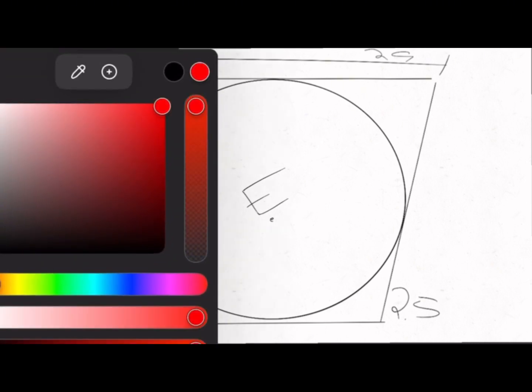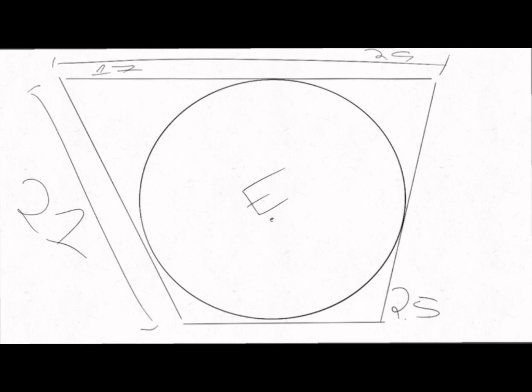So, 29 minus 17 would mean this side is 12, and this side is 12. So just add these up for faster addition in the near future. That's 14.25. 14.5.